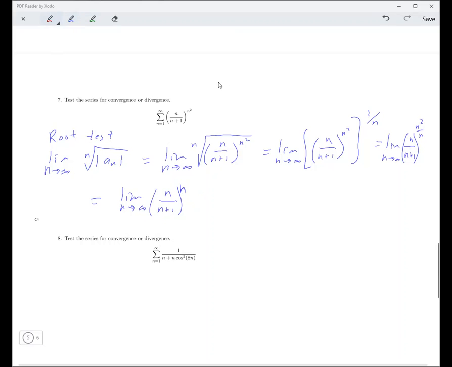But if you take the reciprocal of that to the n power, so just the reciprocal of this would be this. The reciprocal of that is that. It's still raised to the n power, but it's just upside down.